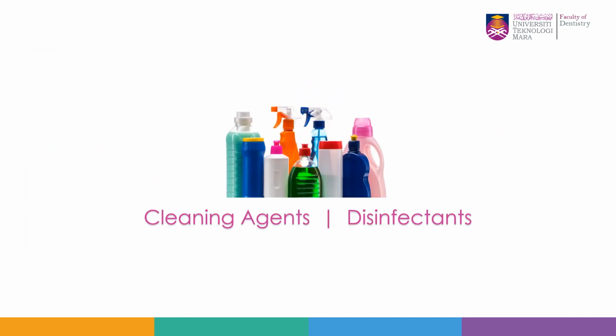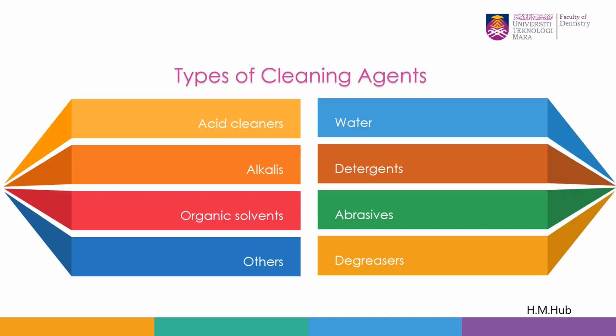All right. So looking at two things now, cleaning agents and disinfectants. What are the cleaning agents available? If you go to the supermarket, you will find a lot of cleaning agents being sold for many functions.